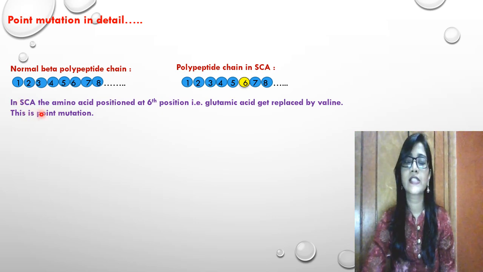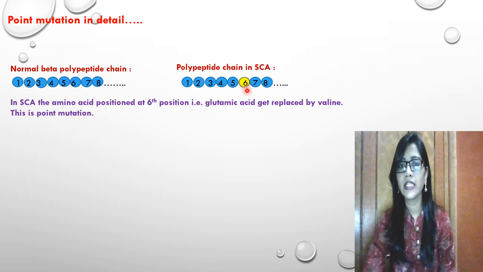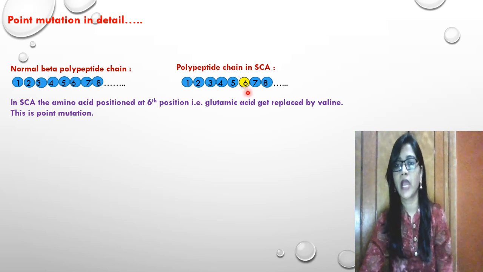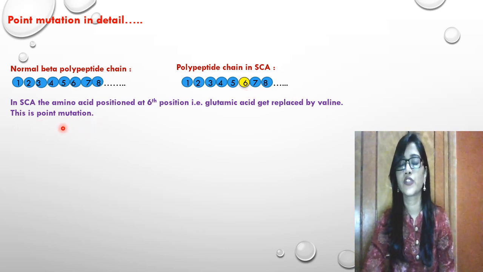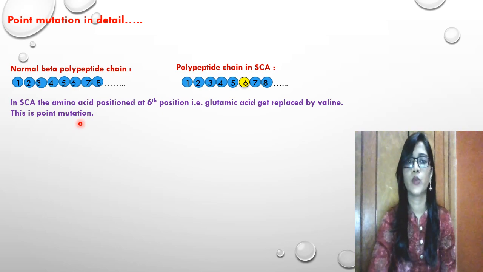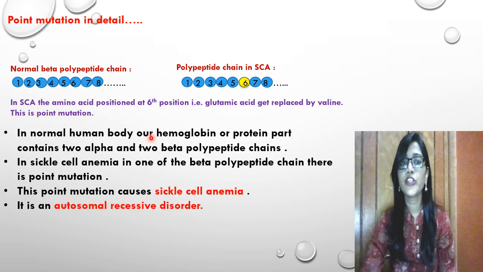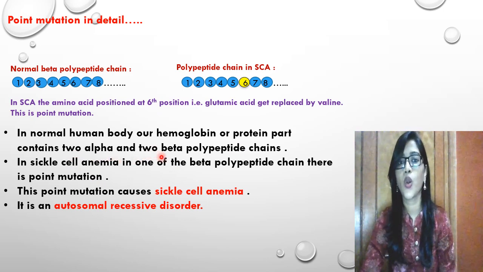In sickle cell anemia, the amino acid at the sixth position, glutamic acid, gets replaced by a different amino acid, valine, and this change is known as point mutation. In the normal human body, our hemoglobin or protein part contains 2 alpha and 2 beta polypeptide chains.